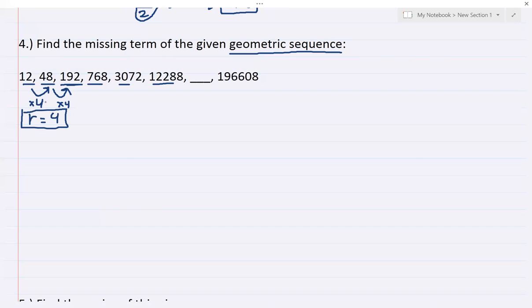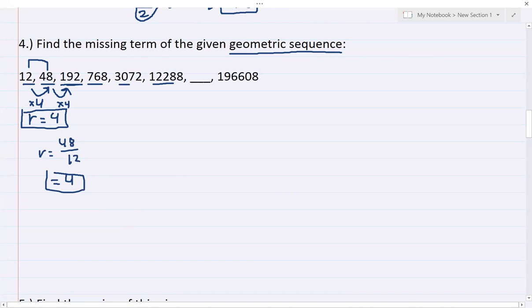Get two consecutive terms, meaning two terms that are together. For example, 48 and 12. Then divide them. So ratio is equal to 48 all over 12. 48 divided by 12 is 4. That's it. Okay? How about this one?